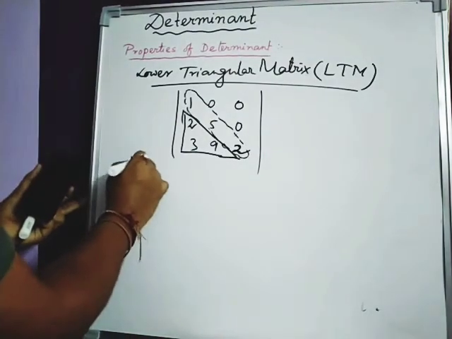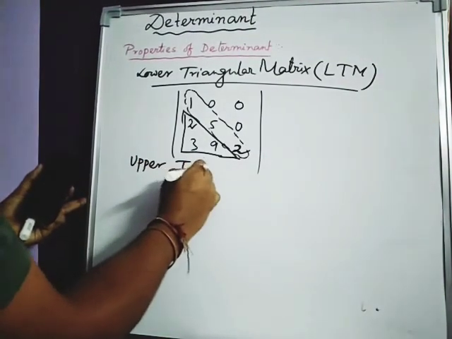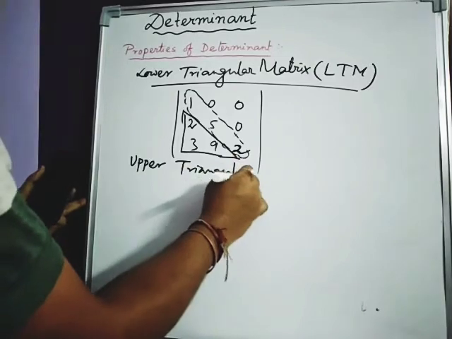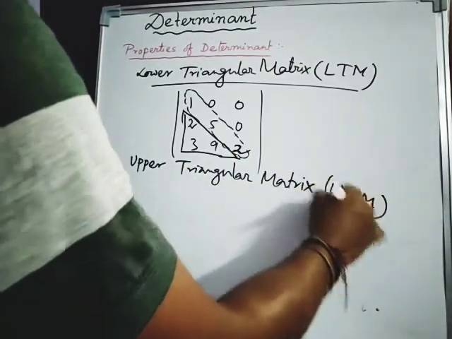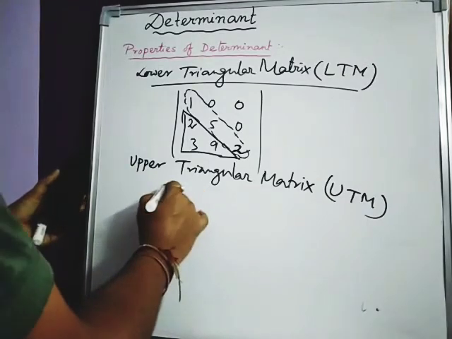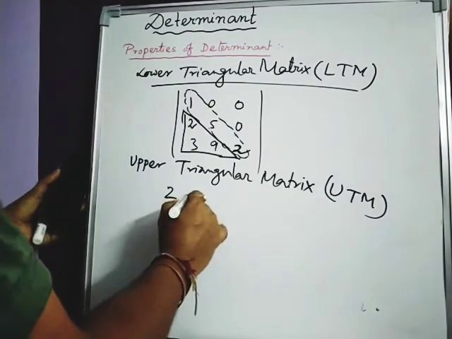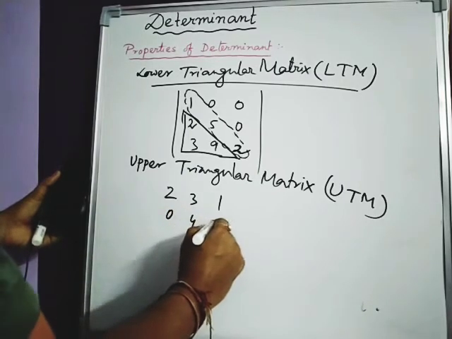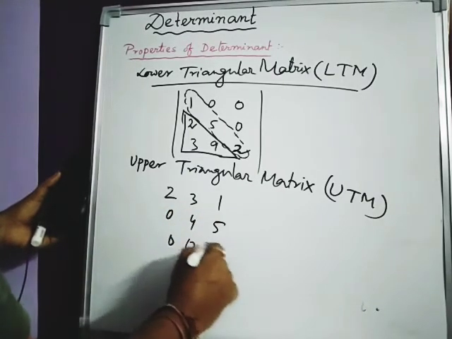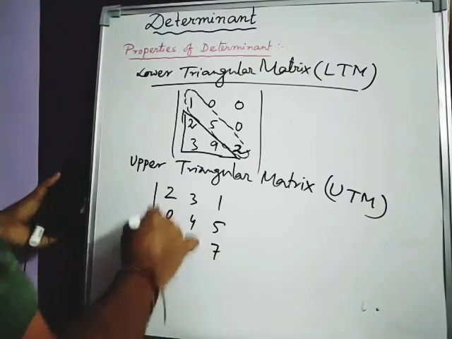The upper triangular matrix is just the opposite. UTM, I am writing. Upper triangular matrix means, suppose the principal diagonal elements are 2, 4, 7, with 3, 1, 5 above and 0s below. Can you see here?